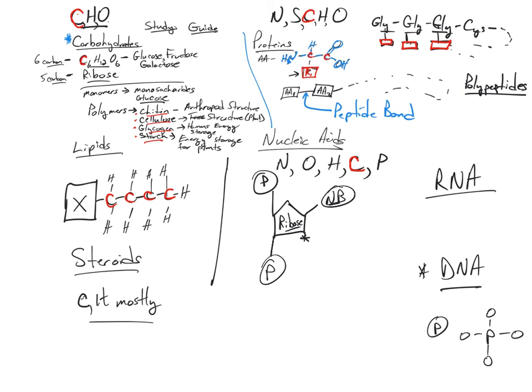For DNA, it's going to be A, T, G, and C. One other difference between DNA and RNA is that T doesn't exist in RNA. What you get is A, U, G, C. So the U replaces the T in RNA.